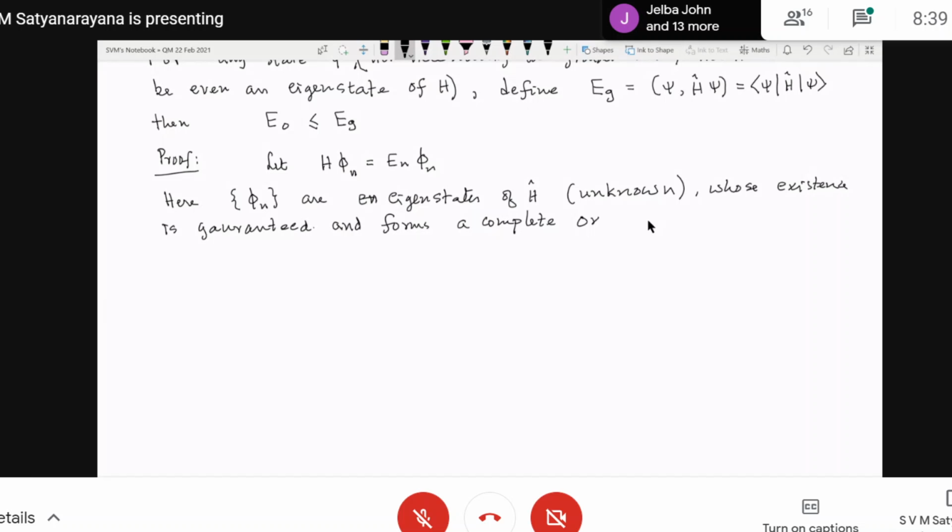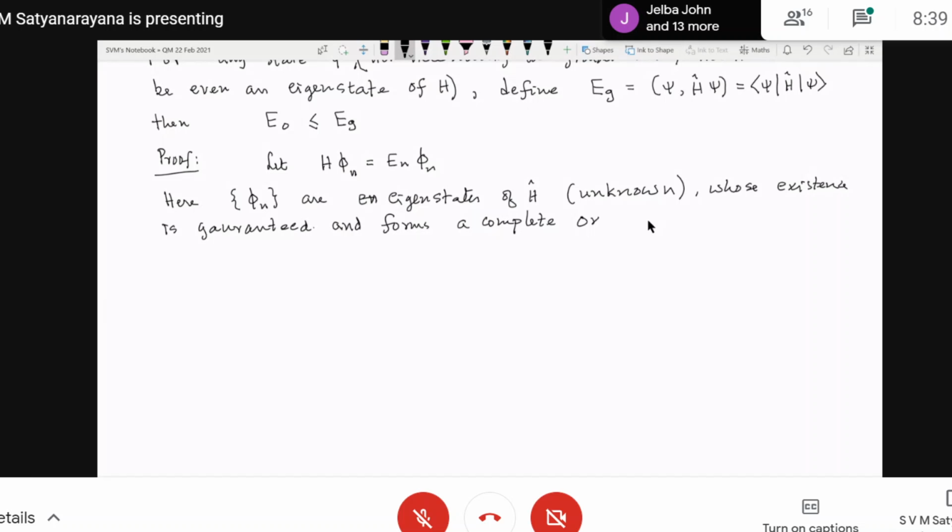So we can say that this Eg is a greater value than this one, which is equal to E0. So this is the proof that the expectation value, which I defined as Eg, is greater than E0. Or in other words, this implies E0 is less than or equal to Eg.